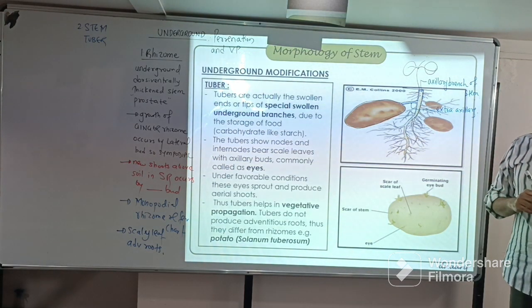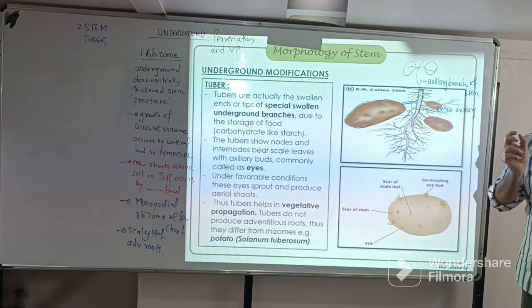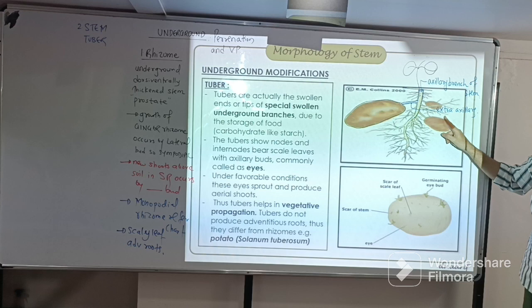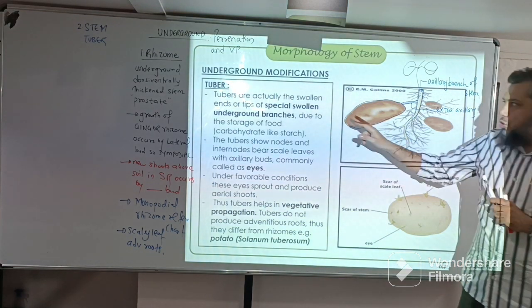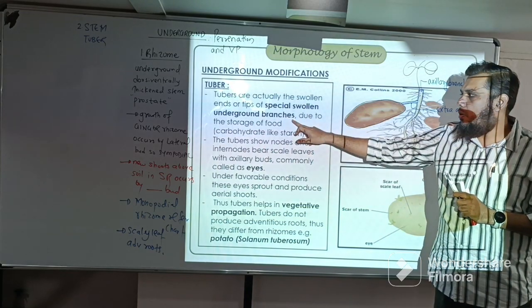So the question was that the stem tuber is formed at, where is it formed? At the tip of the extra axillary branches during the dash season. Ayana, so they are the swollen ends or tips of special swollen underground branches.